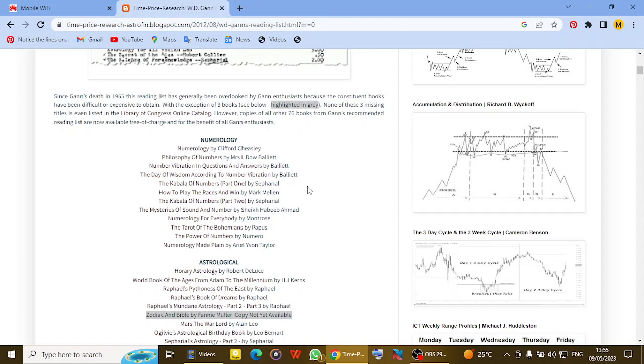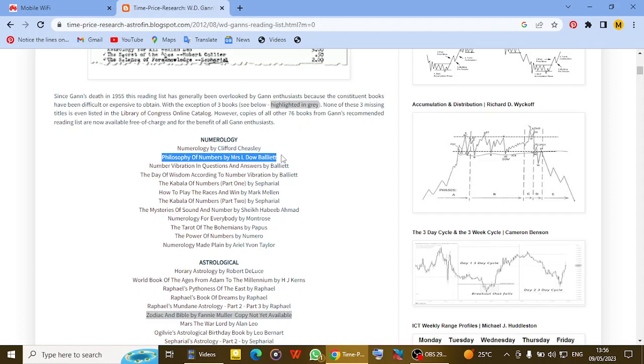The second place you might want to read after Cefario's introducing you to the world of numbers and their possible application is the book by Mrs. Dole, right?